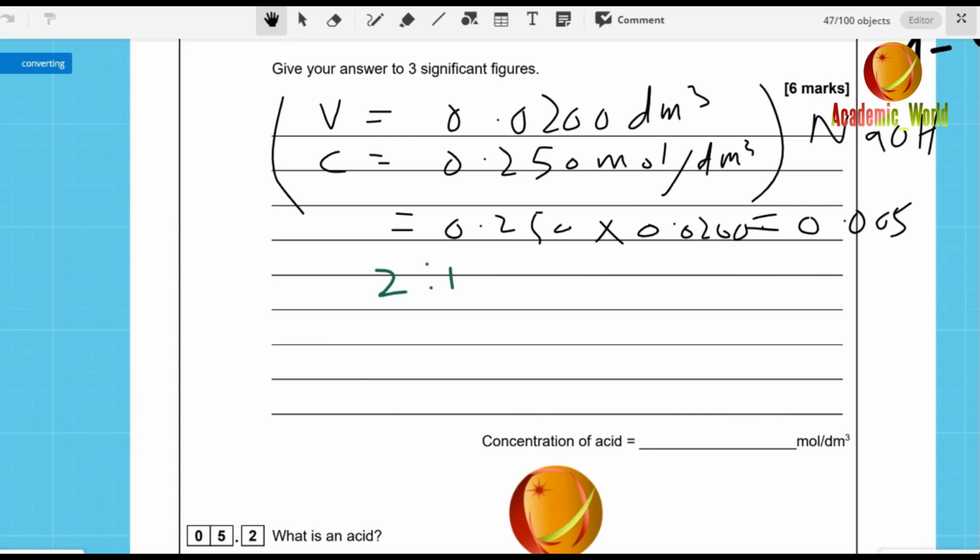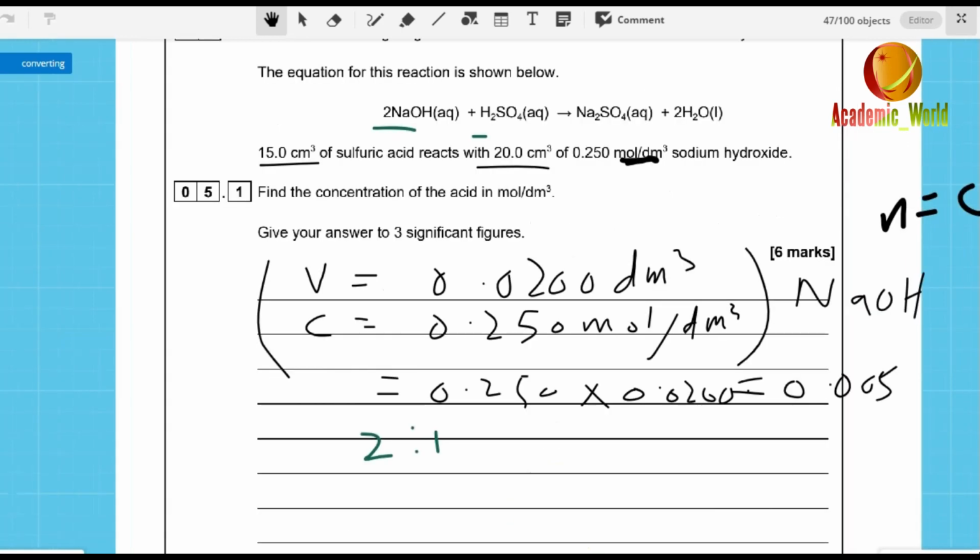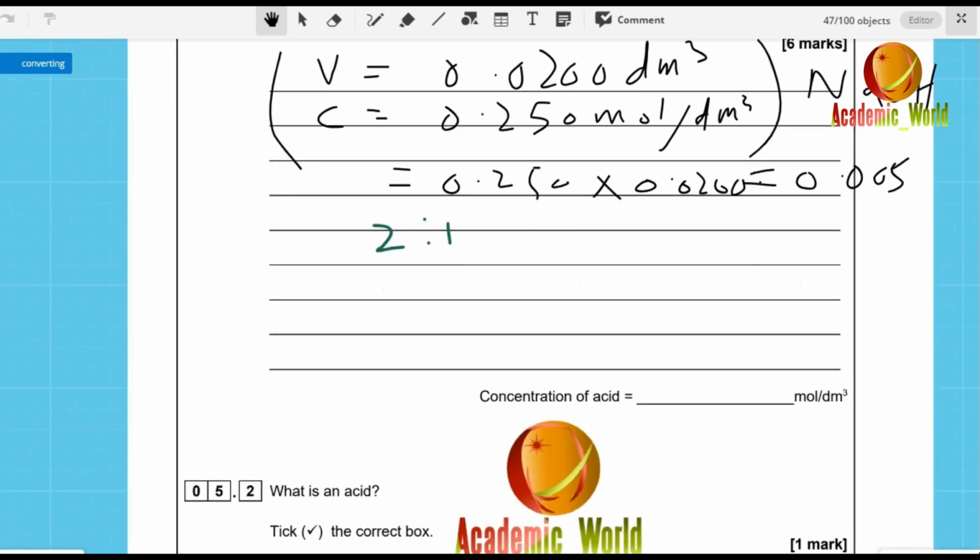Alright, so now the concentration of acid will be equal to how much? The concentration of acid will equal the amount of substance divided by the volume. Again the volume should be in decimeter cubed. So 15 cm³ should be 0.015 dm³, and the concentration of acid is equal to n over V. So n will equal 0.0025. Why?